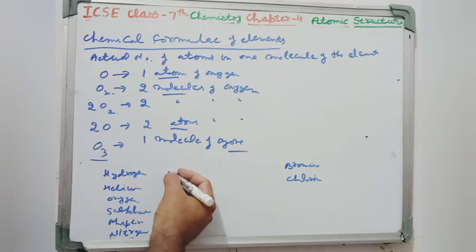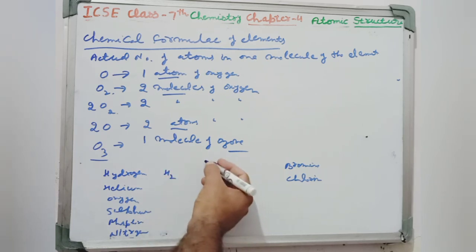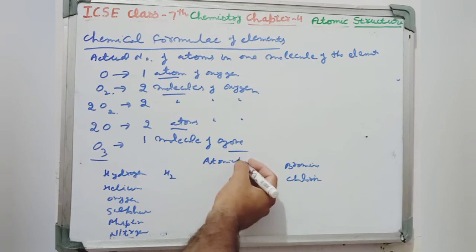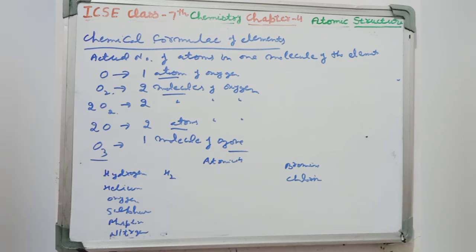So hydrogen's formula is H2. What would be its atomicity? Its formula is H2, so its atomicity is 2. Helium is only 1, and we will write 1.